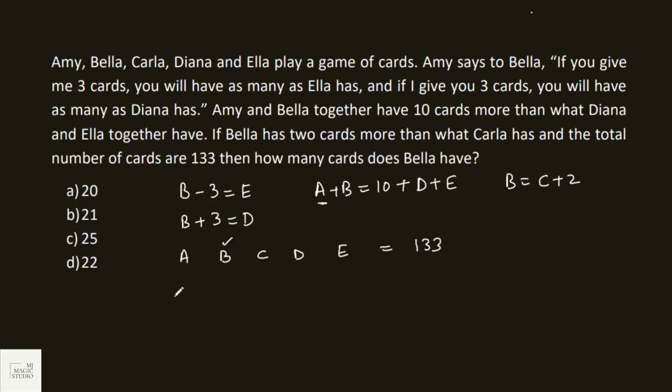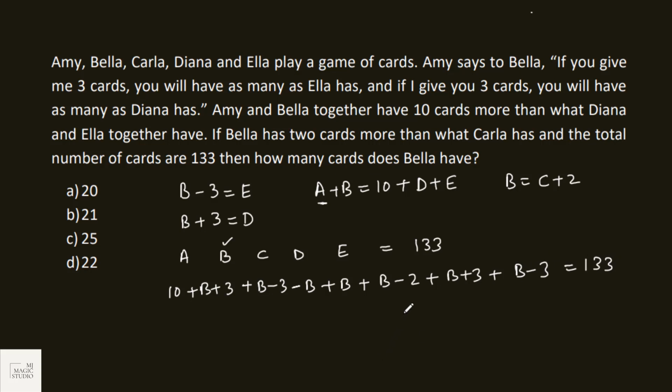A is 10 plus D. Now D is B plus 3, plus E. E is B minus 3. A is 10 plus D, plus B, plus C is B minus 2, D is B plus 3, and E is B minus 3. This should be equals to 133.